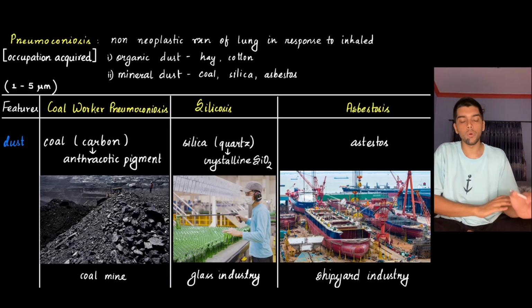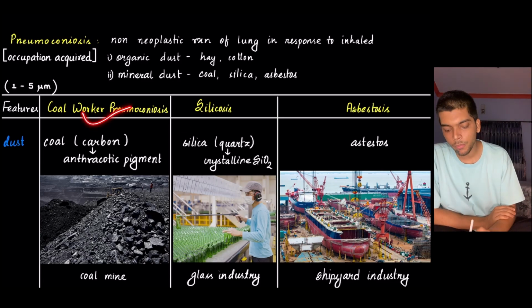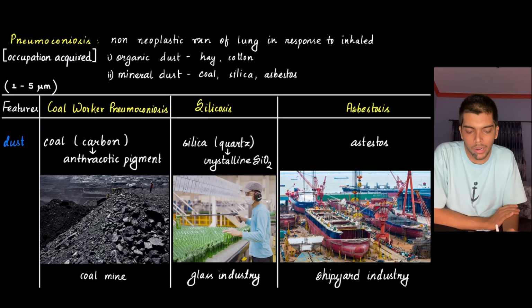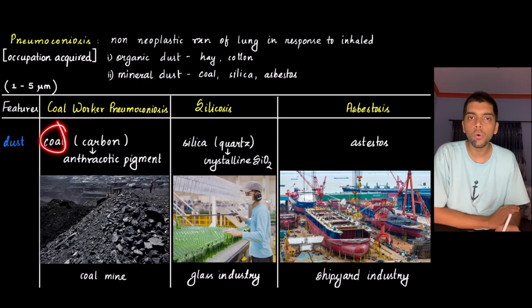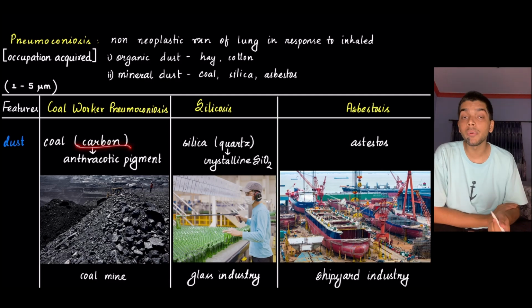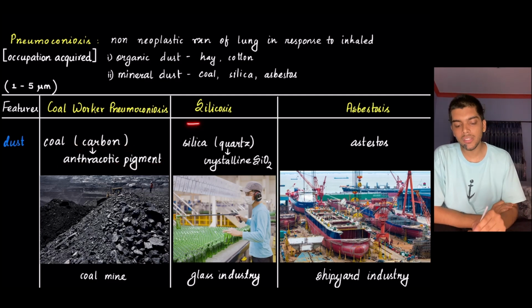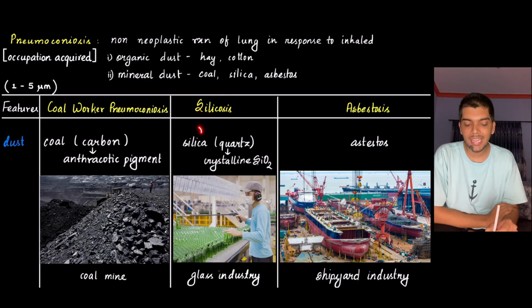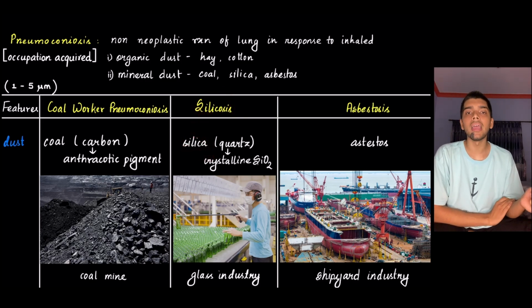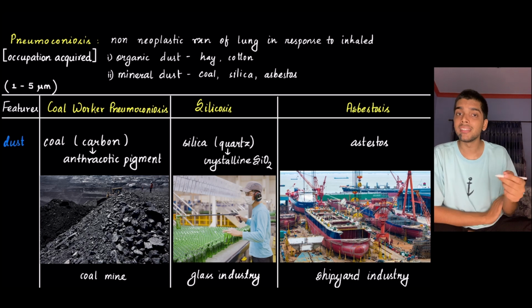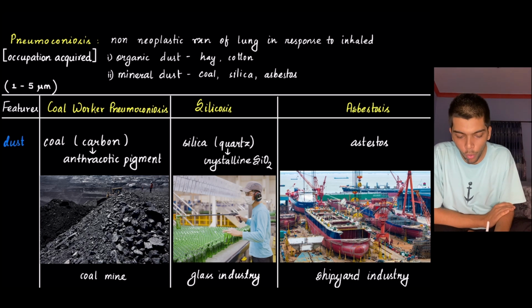All right. Now, the details of the three types of pneumoconiosis. Coal worker pneumoconiosis is caused by exposure to coal. Coal contains carbon. Carbon is an anthracotic pigment. Silicosis is caused by exposure to silica. There are two types of silica, crystalline and amorphous. Crystalline is more pathogenic, namely quartz.